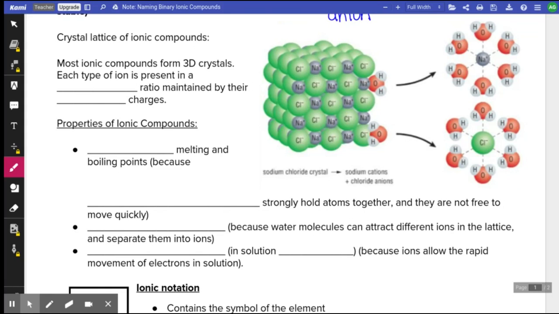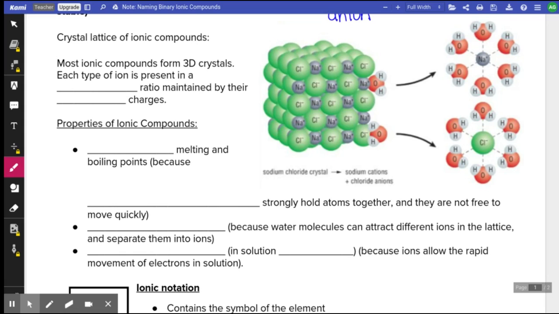Before we talk any more about naming these ionic compounds, we're just going to talk about their properties for a little bit, just so that you know molecular and ionic compounds have different properties. This image here is the crystal lattice of ionic compounds. That's just a fancy way to say that ionic compounds make 3D crystals.